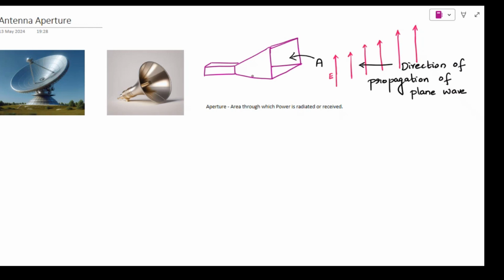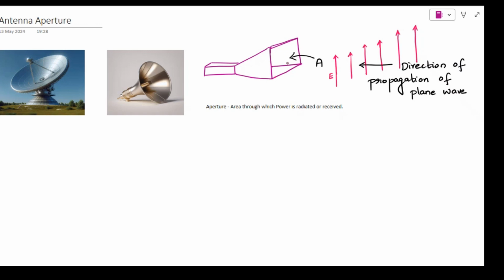Now, when you consider a horn antenna, here you can see the horn antenna, and this is the area through which it would be receiving the electromagnetic radiation. Suppose you consider the Poynting vector or the power density.